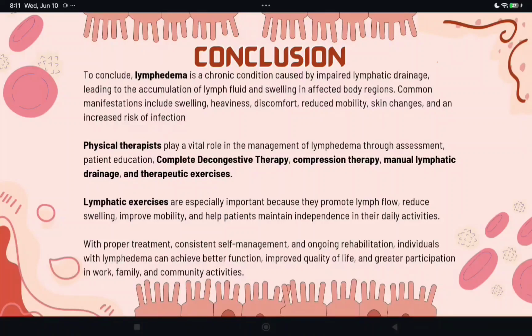Lymphatic exercises are especially important because they promote lymph flow, reduce swelling, improve mobility, and help patients maintain independence in their daily activities. With proper treatment, consistent self-management, and ongoing rehabilitation, individuals with lymphedema can achieve better function, improve quality of life, and greater participation in work, family, and community activities.